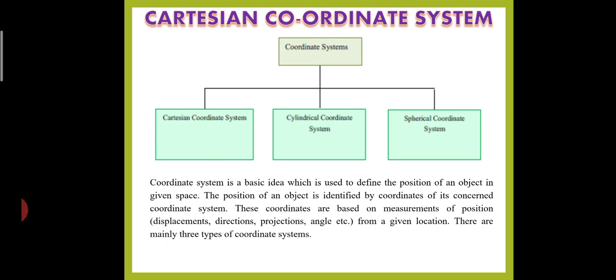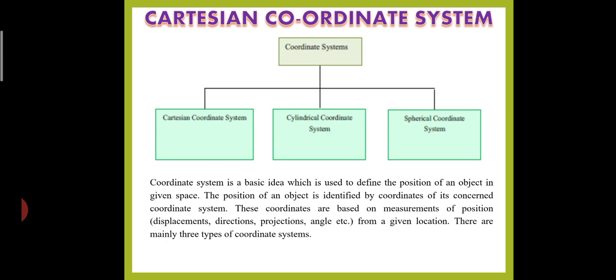A Cartesian or rectangular coordinate system usually consists of three mutually intersecting perpendicular coordinate axes, which are labeled as X, Y and Z axes. The point where the axes x, y, z cross or intersect is called the origin (0, 0, 0).